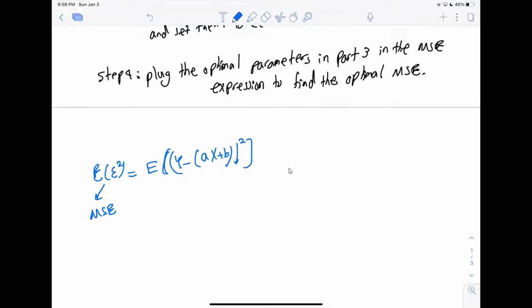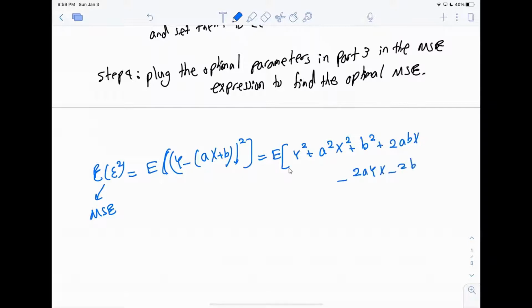Okay, good. What's the next step? Expand this. Let's expand it. We get y squared plus a squared x squared plus b squared plus 2abx minus 2ayx minus 2by.